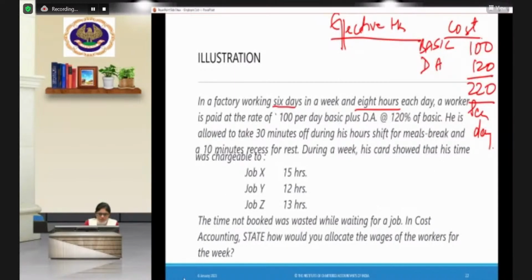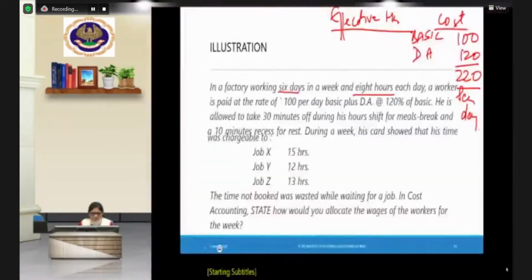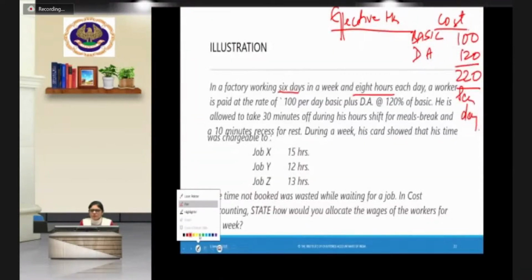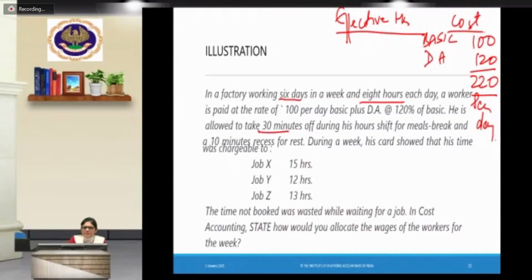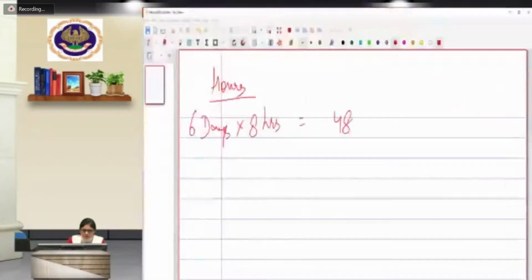I'll just explain to somebody who has not understood. 30 minutes and 10 minutes is a break, all right, for the normal idle time. So what I was explaining here is, 48 hours per week, less 30 minutes plus 10 minutes.